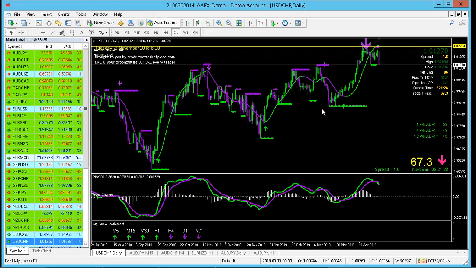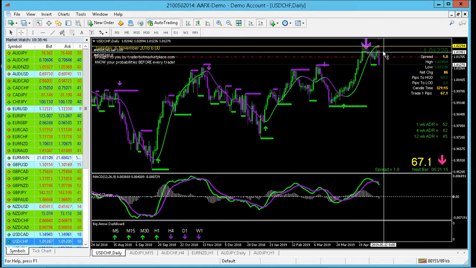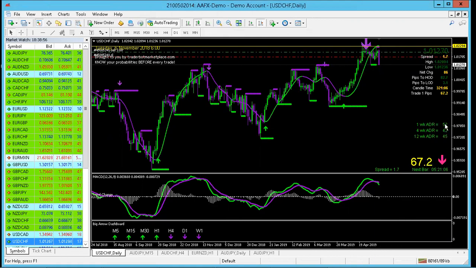Whoops, sorry. So what this means is, on average, this pair moves approximately 50 pips per day. Now, I may or may not be accurate when I say 50 pips, meaning in a total move. Any move it makes in between here, it can make 400 or 500 pips, and that's not counted in the actual move.